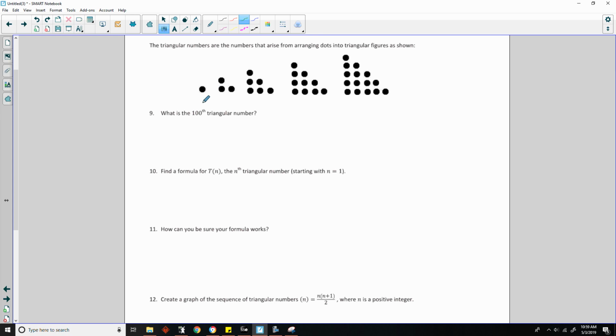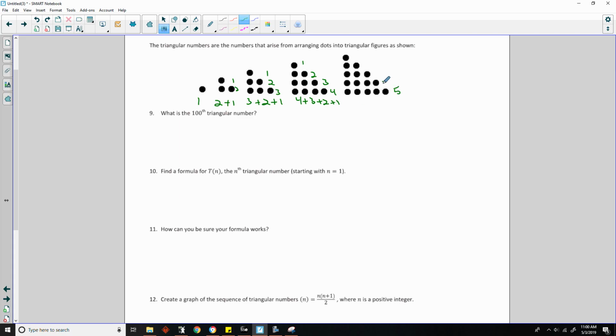So here, this would just be 1, and this would be 2 plus 1. And this is 3, 2, and 1, so that'd be 3 plus 2 plus 1. And this is 4 plus 3 plus 2 plus 1.